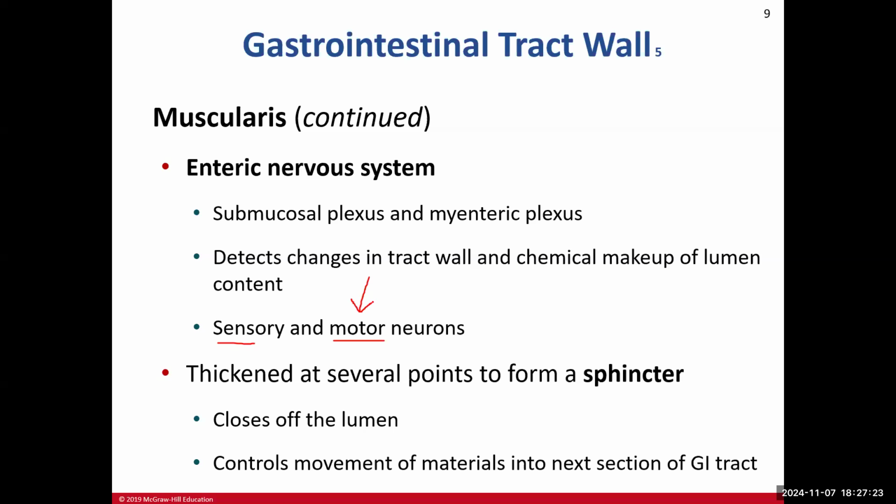And so these sphincters will regulate the movement of ingested materials depending on what is going on in the digestive tract, with materials being ingested, the amount. We'll get into all those. But keep in mind that these sphincters can close off openings and they can also control when materials move from one place to another.